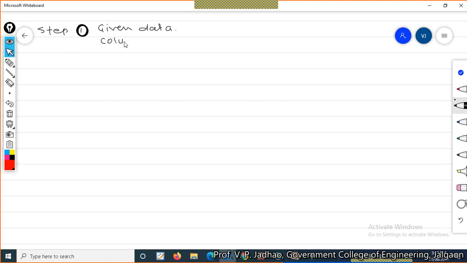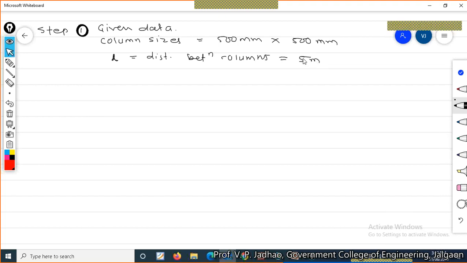So column size is 500 mm by 500 mm. Again, the value of small l, that is distance between columns, is given as 5 meter.